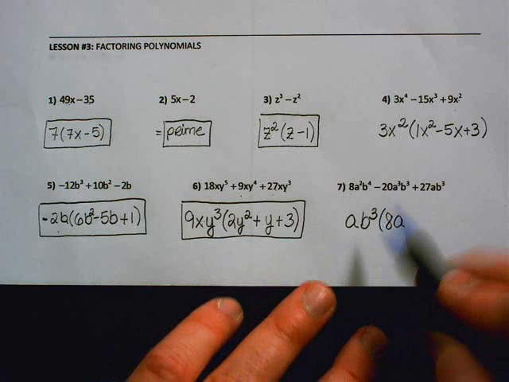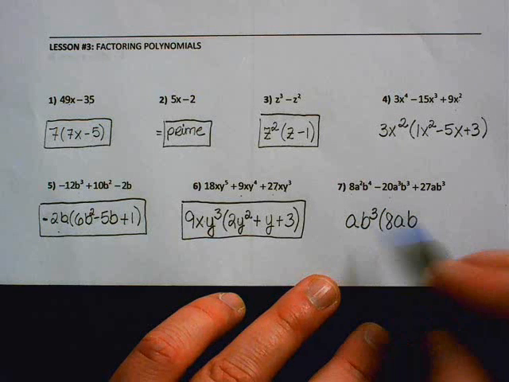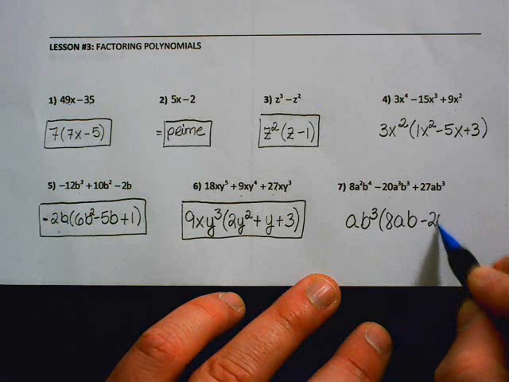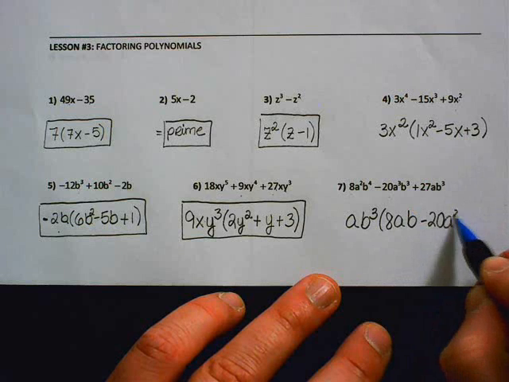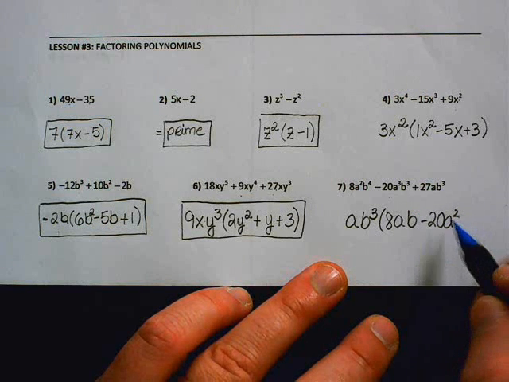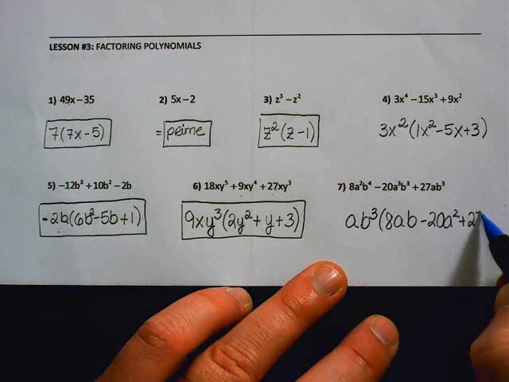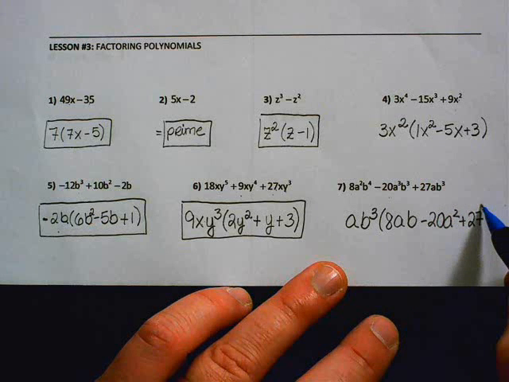B to the 4th divided by b cubed is b. Negative 20 divided by 1 is negative 20. A cubed divided by a is a squared. And b cubed divided by b cubed, the b cancels. 27 divided by 1 is 27. And a cancels, b cubed cancels, so I'm left with 27.